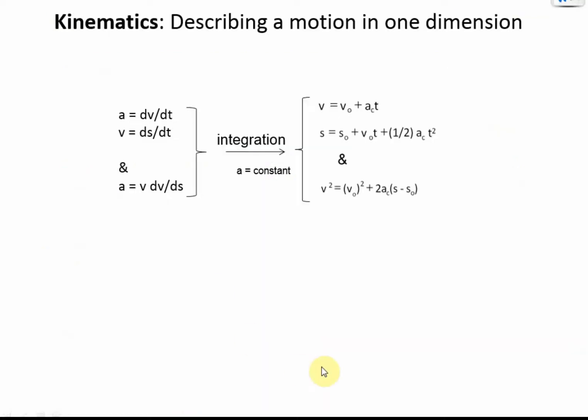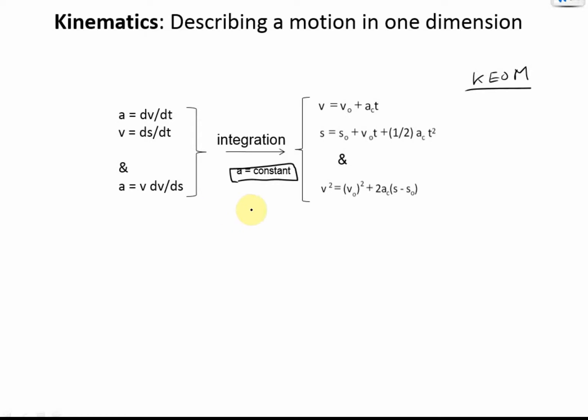This slide shows what we derived from these fundamental equations. From here, we take integrations under the assumption that acceleration is constant, and we obtained the three kinematic equations of motion.